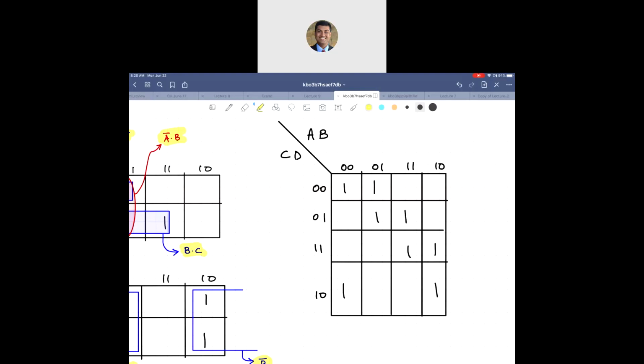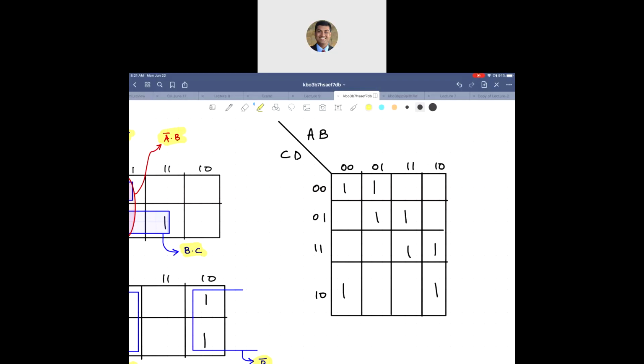Are there groups of 16 ones? Clearly no. Are there groups of 8 ones? No. Are there groups of 4 ones? Still no. Are there groups of 2 ones? You can see that there are several groups of 2 ones.